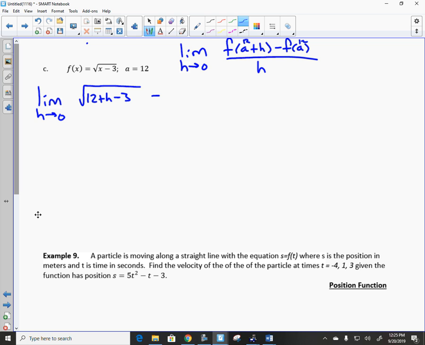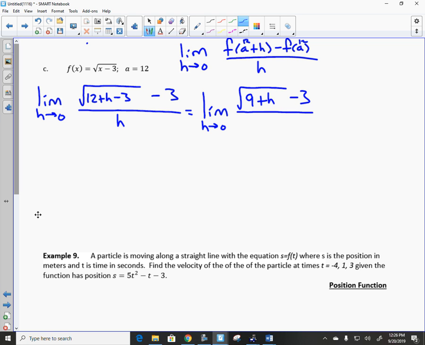And when you do, you get the square root of, which is 3. It's entirely up to you which one you want to do. This is the same as the limit as h approaches 0 of the square root of 9 plus h minus 3 all over h.